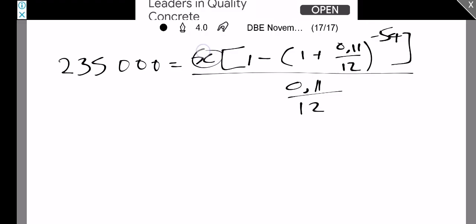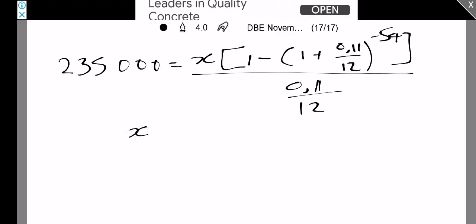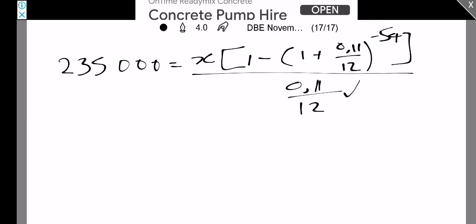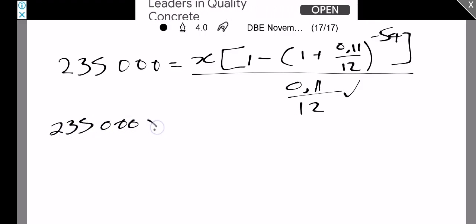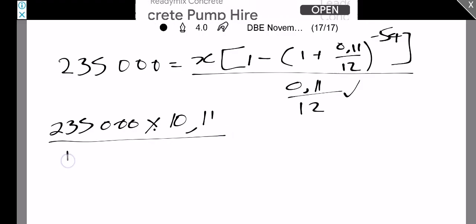Now we've got to make x the subject of the formula. You've got to multiply both sides by this, so we're going to multiply by 0.11 over 12. Before I even make x the subject, we're going to have 235,000 times 0.11, then all of this divided by 12.